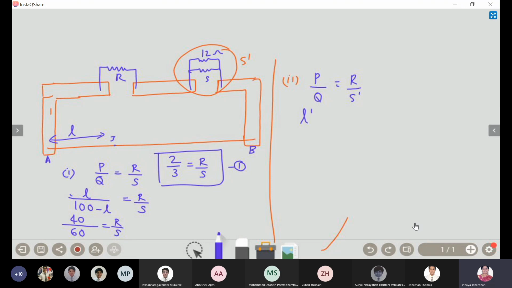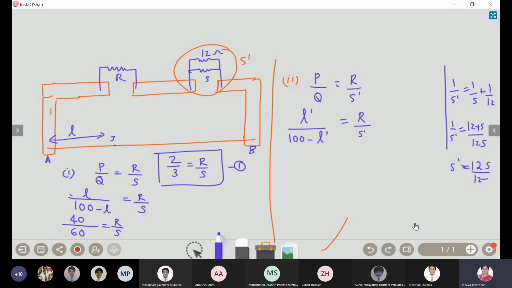So L dash divided by 100 minus L dash will be R divided by S dash. Now what is S dash? 1 by S dash is equal to 1 by S plus 1 by 12. So 1 by S dash is 12 plus S by 12S, or I can write S dash is 12S divided by 12 plus S.